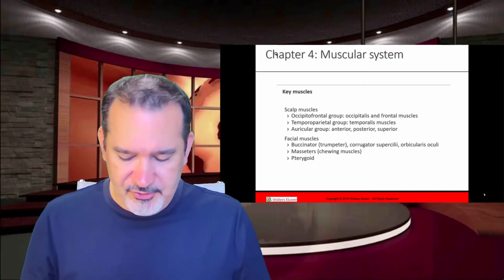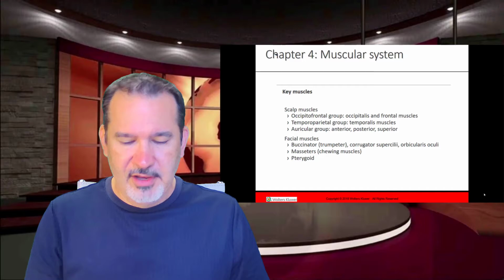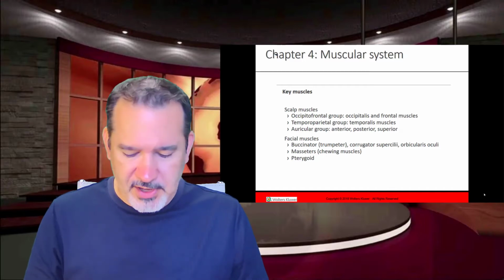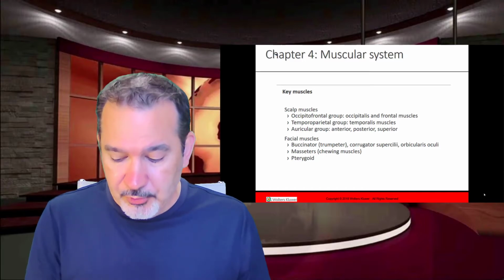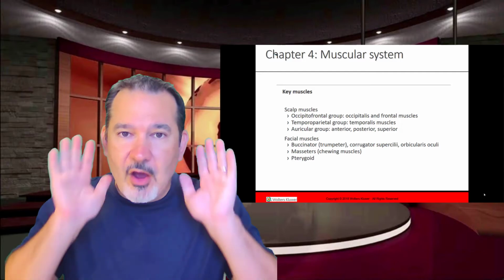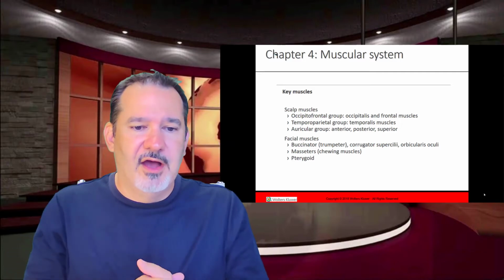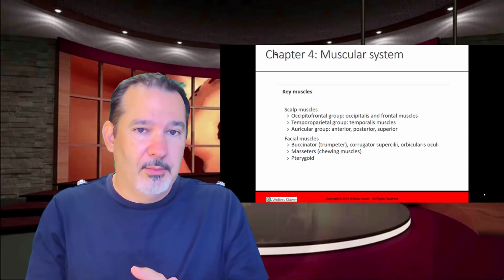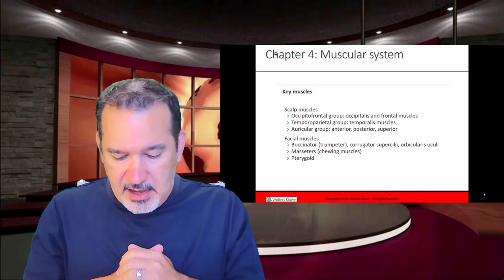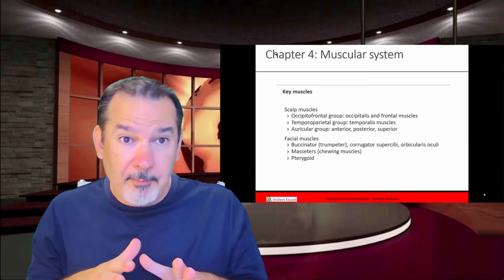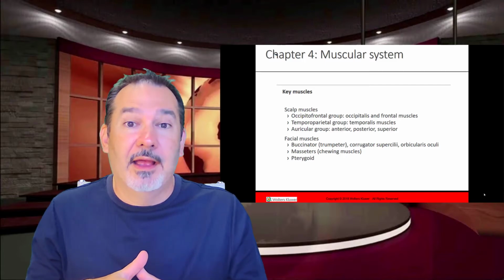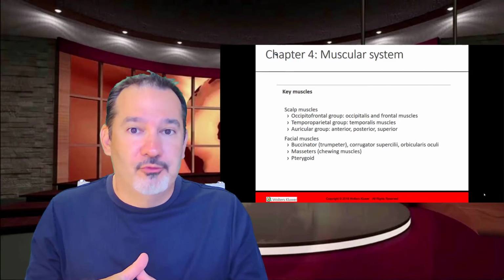If you're my age, you have wrinkling in the forehead in particular. So that's what the occipital frontal group does. The temporal parietal group tightens the scalp and helps to move the ears forward. And then the auricular group helps to move the ears forward, upward, back, that type of thing. I can't do it very well, but I'm trying.